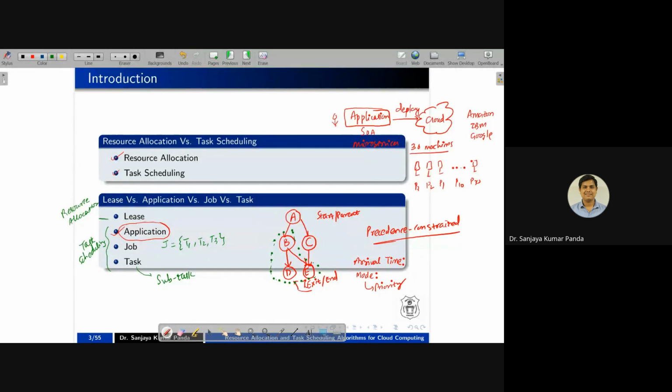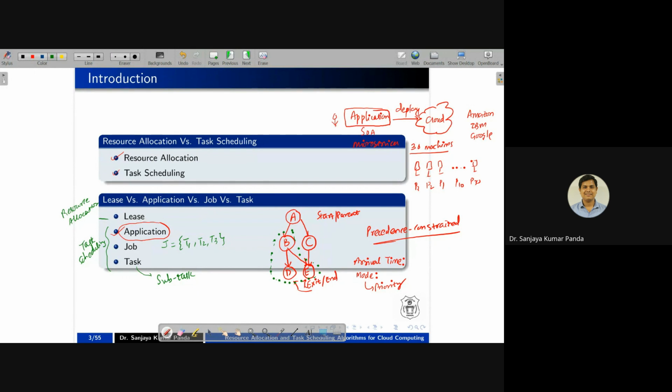So a lease is generally just like a formal agreement. Suppose I am talking about constructing a particular building, or let's take an example like building a bridge. XYZ construction, let's say, is given this lease to construct a building, or is given the responsibility to build a bridge to connect two different villages.